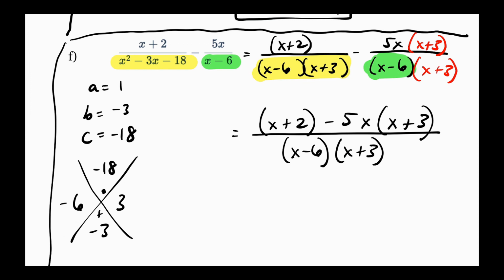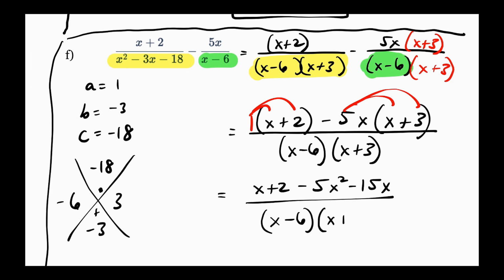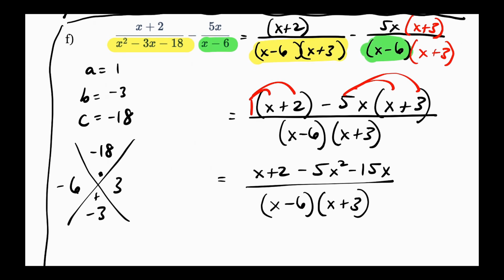Okay. Simplify. Well, to simplify, I got to get rid of the parentheses on top. So there's a 1 out here that I need to distribute, and then I got to distribute the negative 5x. So when I distribute the 1, I just get x plus 2. When I distribute the 5x, I get negative 5x squared minus 15x. Okay.